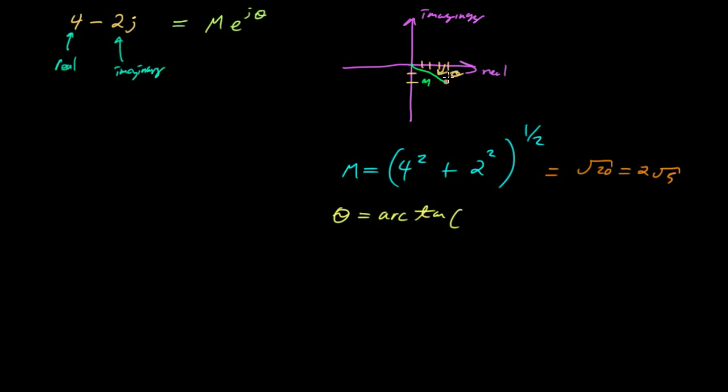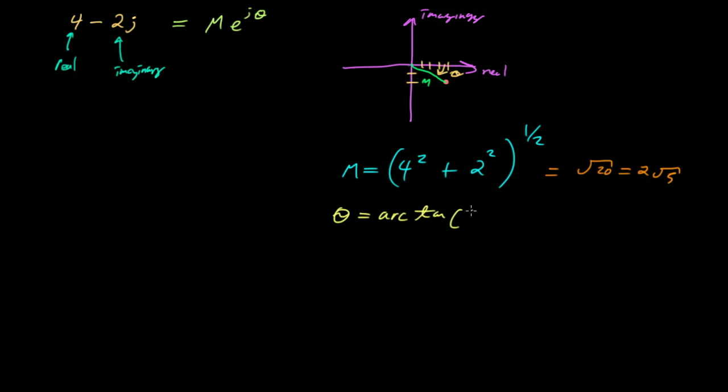You have to sort of know what you're doing when you go into the second, third, and fourth quadrants. For this one, it's going to work out if I just put in the fact that I have a negative imaginary part and a positive real part. I'm going to get the correct answer out of this.